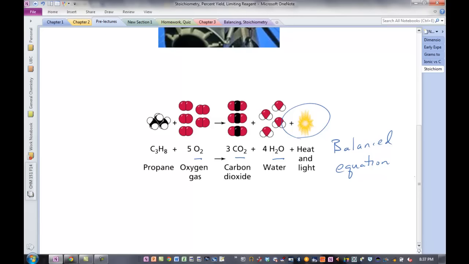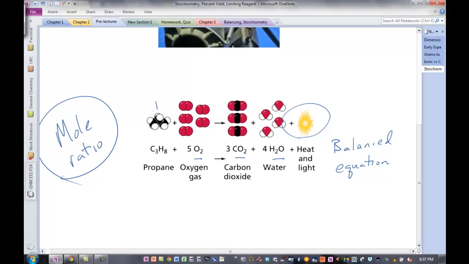You need a balanced equation. You need to know about mole ratio. That is the key concept. So this image here is really showing the coefficients as a molecule ratio. 1 molecule of propane with every 5 molecules of O2 to produce 3 molecules of CO2 and 4 molecules of water.